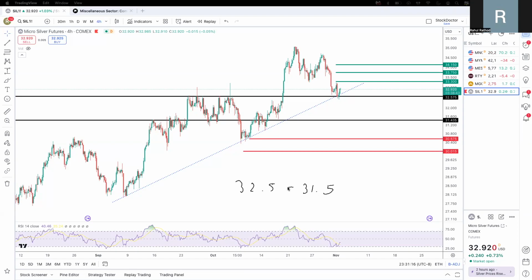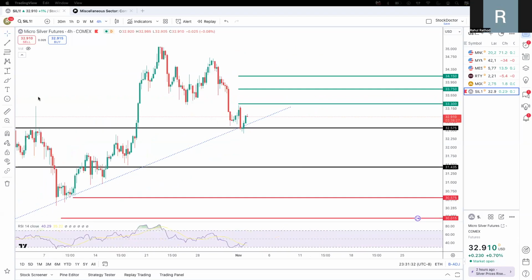Silver might trade between this level for a few days. You can see here it came to 32.50 and then bounced back. If it manages to stay above 32.50, then you will see the next levels of 33.30, 33.75 and 34.15, which is highly possible.